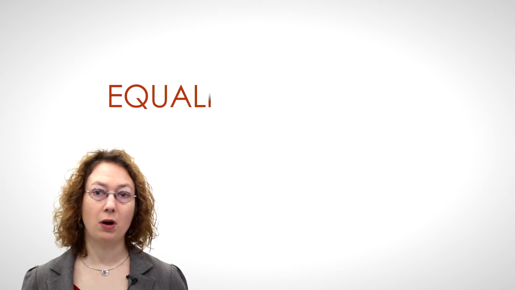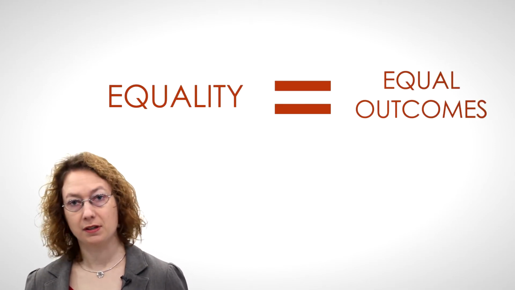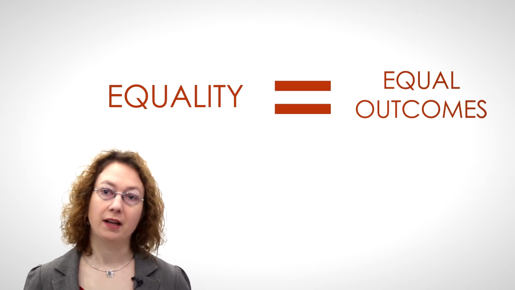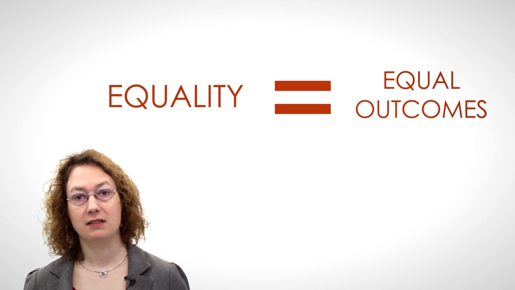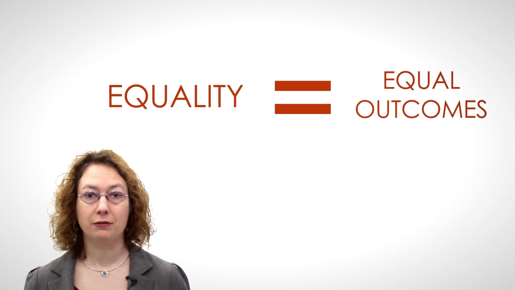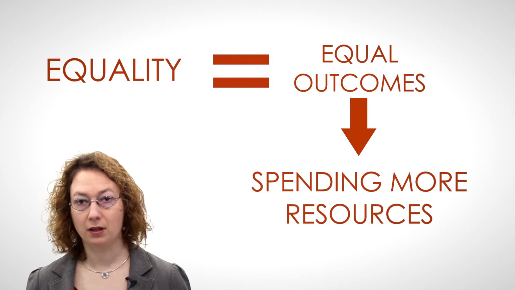To the contrary, if we think that equality comprises elements of equal outcomes for persons, despite their differences, we would want to make sure that the person with special needs receives the means to reach that outcome, even if that involves spending more resources than for another person.